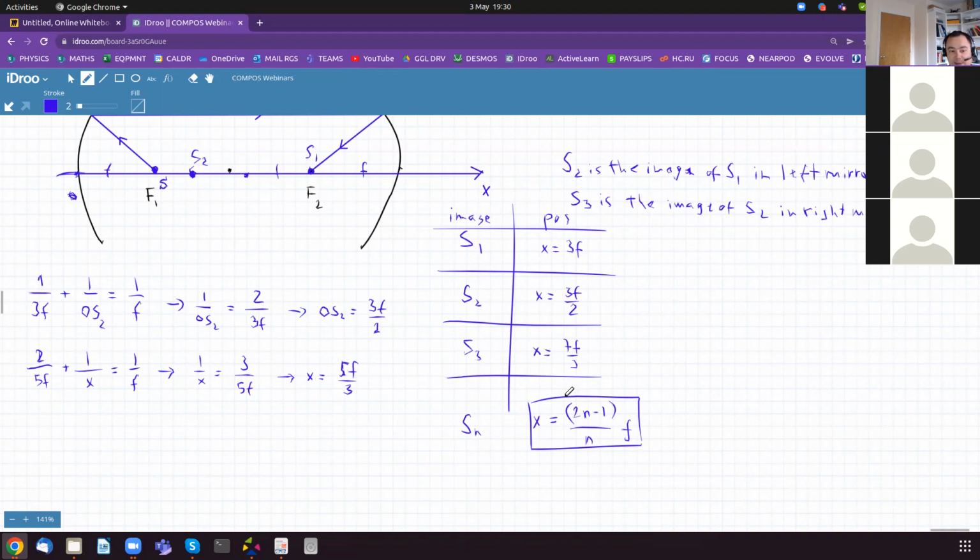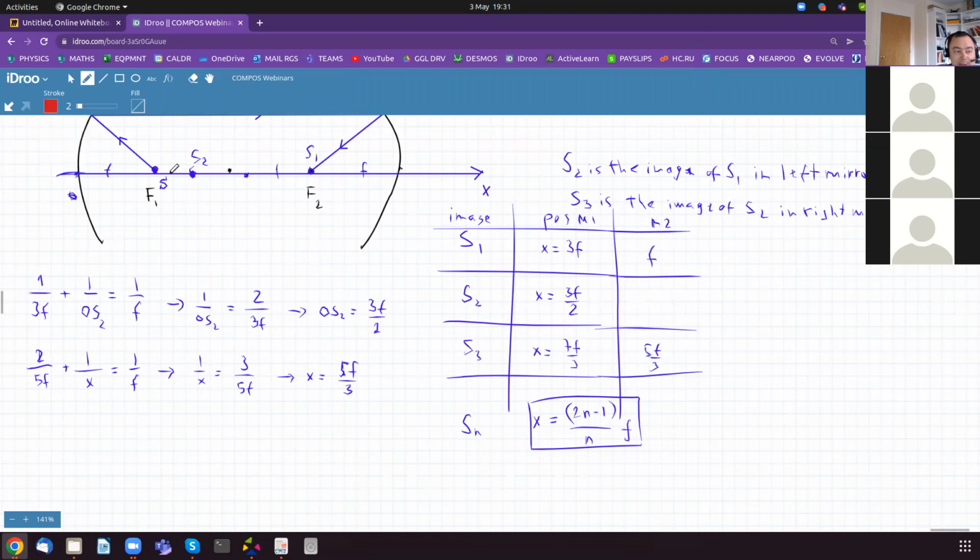So if you have an object there, you will always have the same combination. There's going to be f, 3f over 2. Yes, because from the first mirror and the second mirror, positions from the first and from the second mirror, and this is going to be f, 3f over 2, 5f over 3.